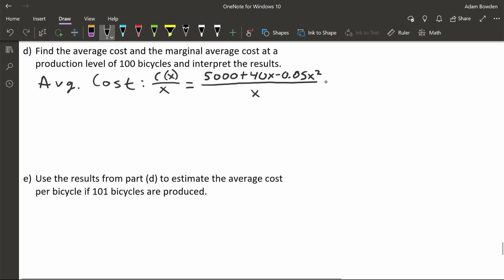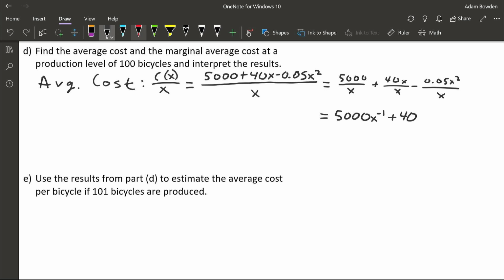Now, to take the derivative, I'm going to rewrite this as 5,000 over x + 40x over x - 0.05x² over x. Then I'm going to simplify it down a little bit, to look like 5,000x^-1 + 40, because I can cross out the x from top and bottom.